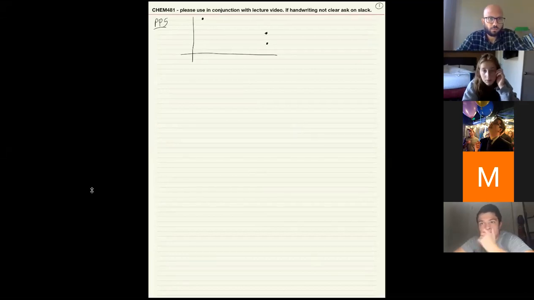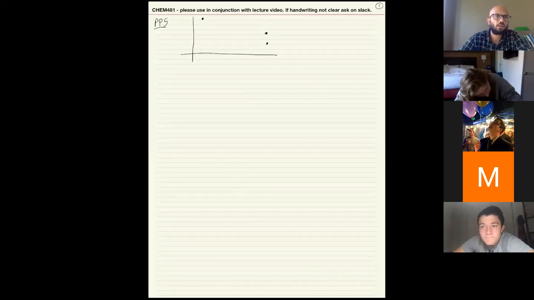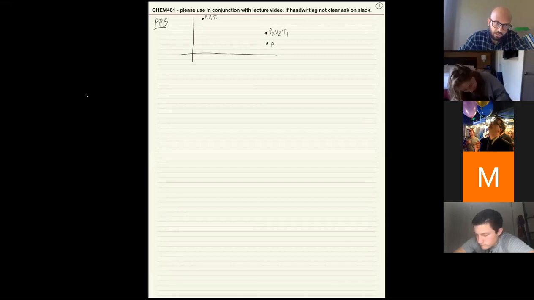The first of them, let me open it on my screen, takes you from pressure, volume, temperature P1, V1, T1 to P2, V2, T1. And this one takes you to P3, V2, T2. So both of them have the same volume.